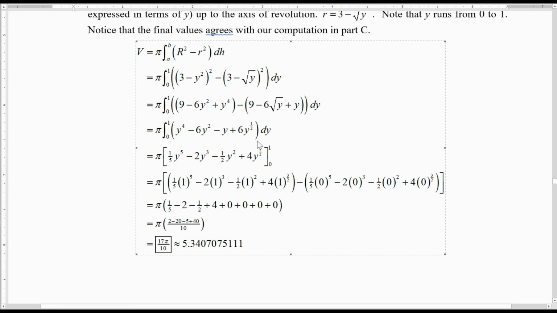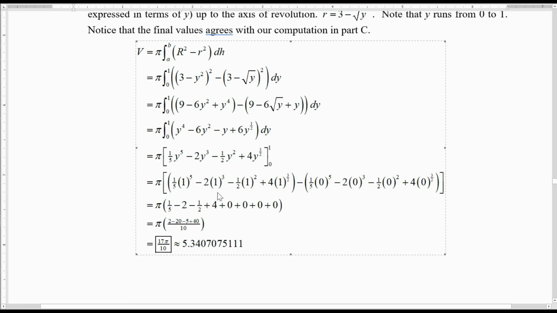And finally, for y to the 1/2, we're going to add 1 to the power. 1/2 plus 1 is 1/2 plus 2/2, which is 3/2. And we're going to multiply 6, the coefficient, by the reciprocal of that power, 3/2. 3/2 times 6, the 3's cancel, leaving a 2 times the other 2 is 4. Remember, this is all times pi. Always keep your equals lined up. But our integral sign has disappeared at this point.